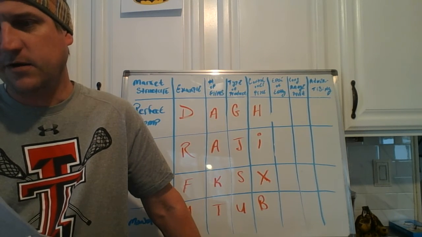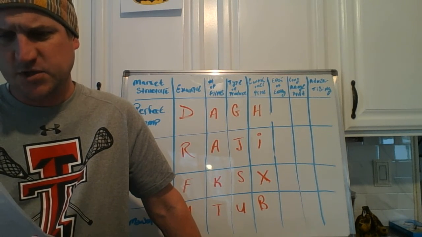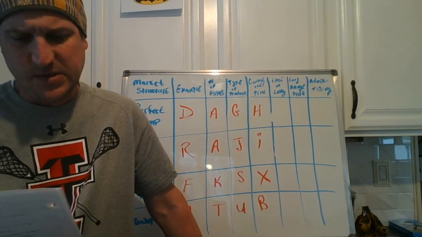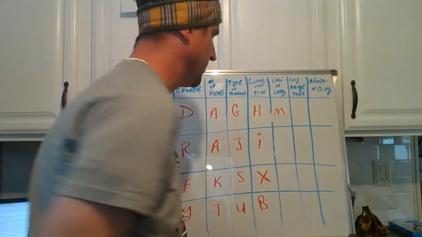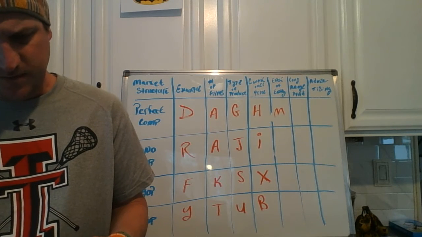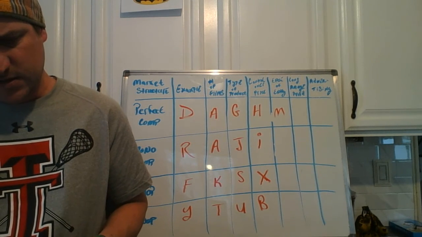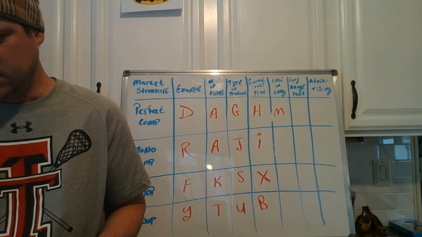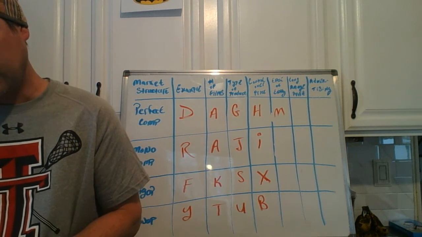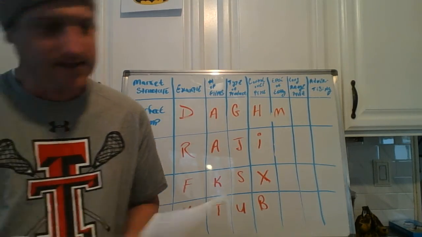Ease of entry, barriers to entry. For perfect competition, we have M. Easy peasy, no barriers at all. Anybody who wants in can get in. For monopolistic competition, we have L. That's not right. No, sorry, V. I was looking at the wrong column. V. Relatively easy, low barriers.